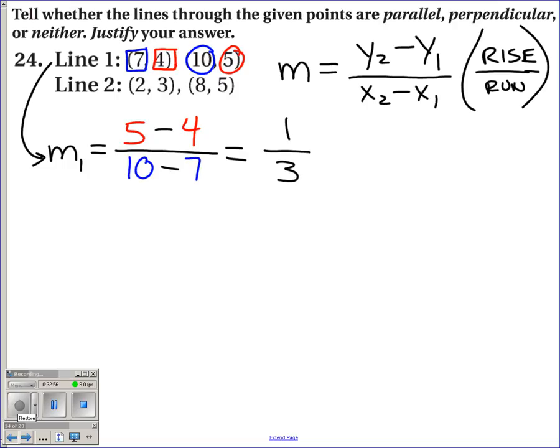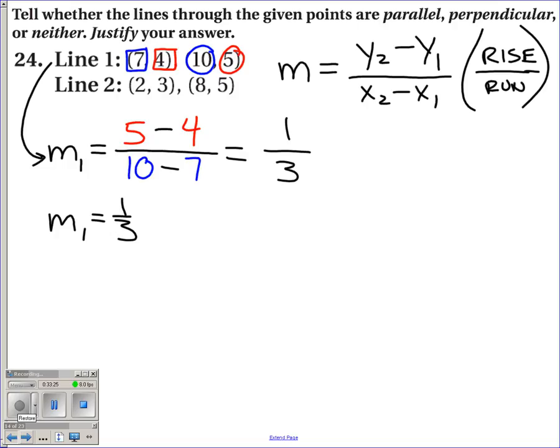So that's the slope of the first line. Slope of line 1 is 1/3. What we're looking for, if it's parallel, we want the slope of line 2 to also be 1/3. Or if it's perpendicular, the negative reciprocal, we'd be looking for negative, because this is positive, negative 3 over 1. Negative 3. Well, let's see what we find.